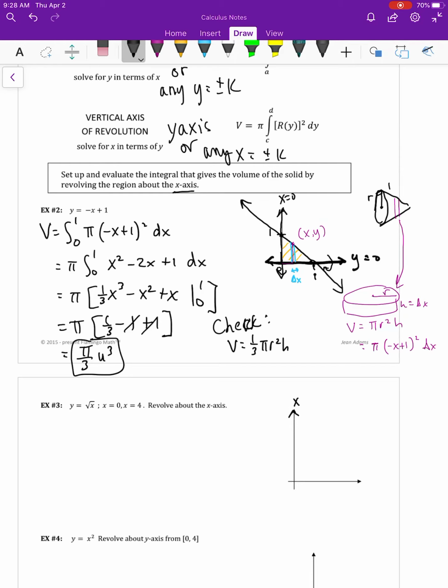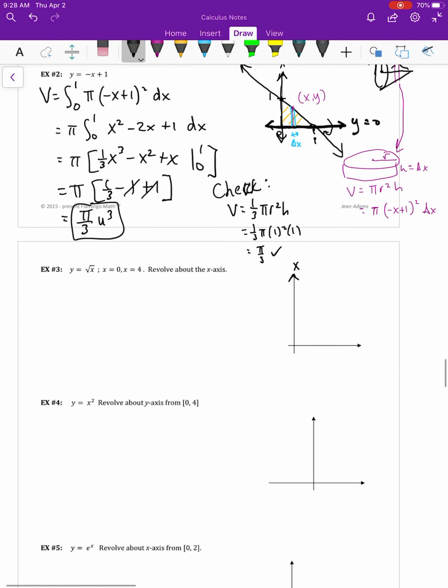Your height, this actually would be your height, is also 1. So your radius is 1 and your height is 1. So this is 1/3 pi 1 squared times 1. You can see that it does check out using our formula for the volume of a cone. But we used calculus. All right.